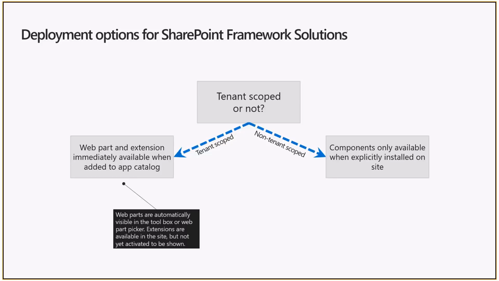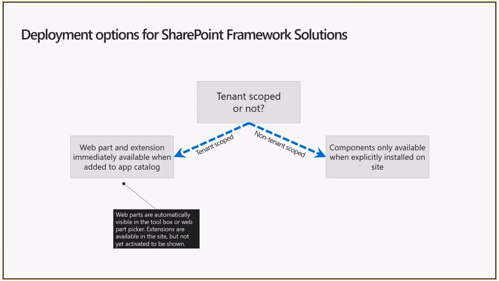You need to make a decision: is that solution tenant scoped or not? And this is a really important question, because if it is not a tenant scoped solution, you will need to explicitly install that solution to the site before any of the components, the extensions or web parts, are available within a site to be used.